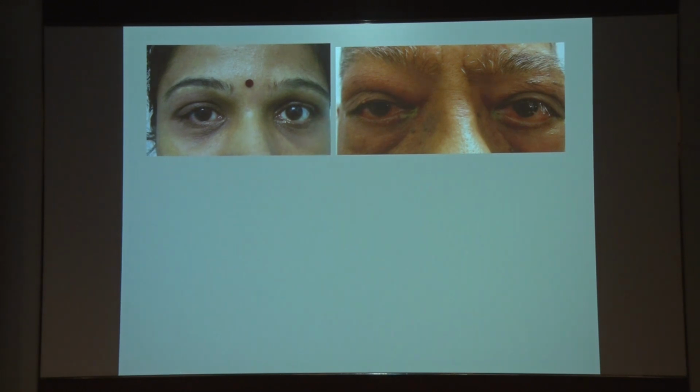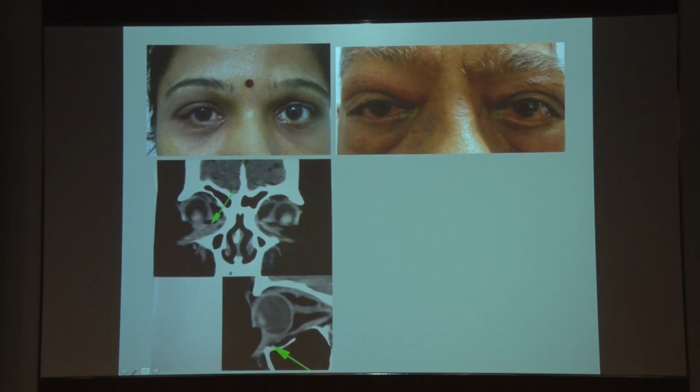There are many more. So coming to this lady, if you notice, she had a little bit of eyelid edema. She has a little fullness on the lower eyelid, unilateral proptosis. While this gentleman has upper lid fullness in both eyes with left-sided proptosis, and this is her scan where there was a lesion in the inferior part.